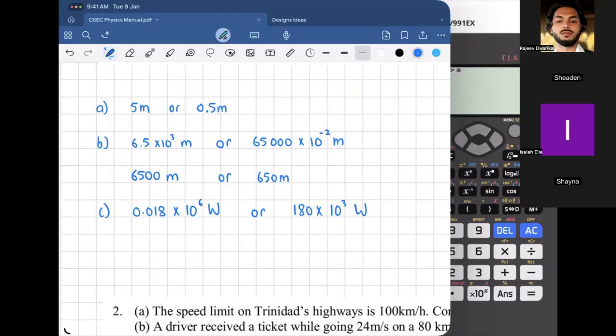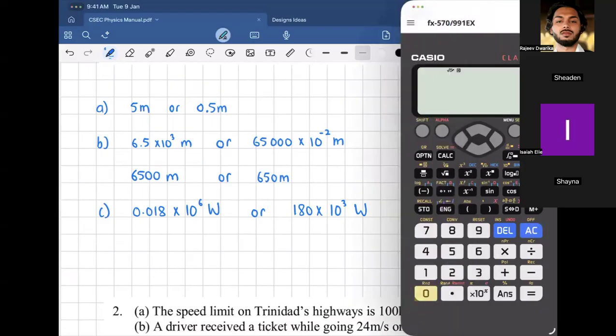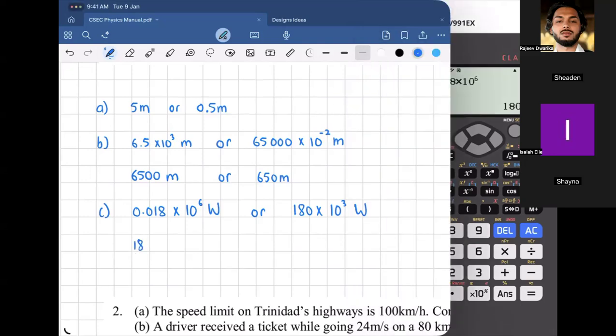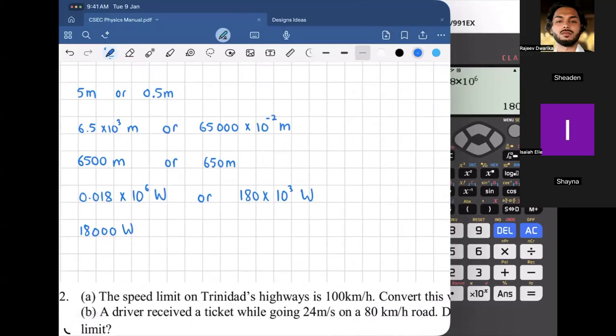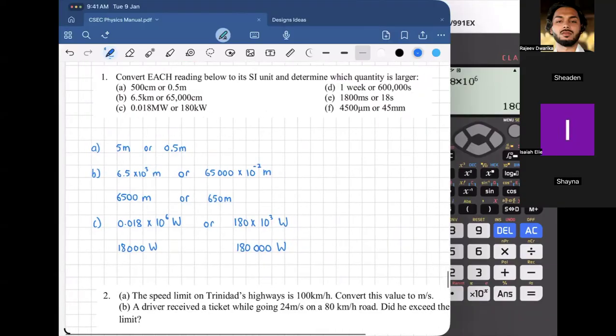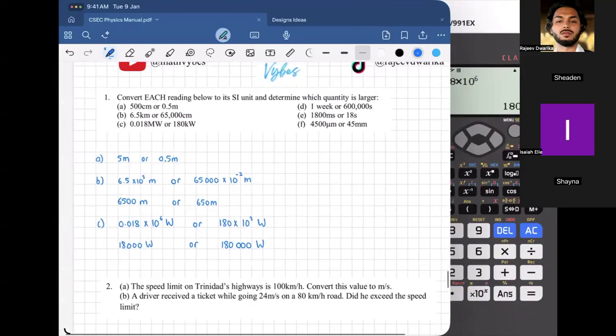That should be 18,000. Did you get 18,000? Yes, sir. Okay, cool. And 180 by 10 to the power 3 is simple, that would just be 180,000. So which one is bigger? 180,000, right.